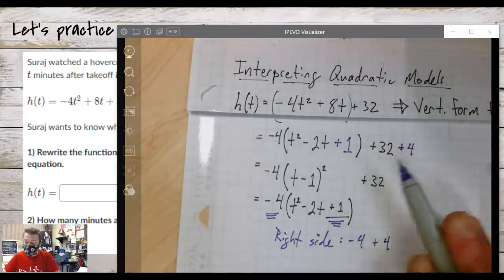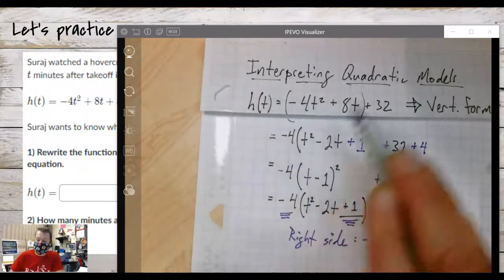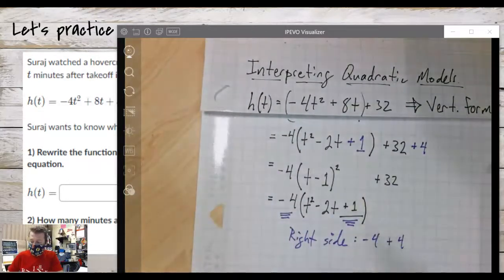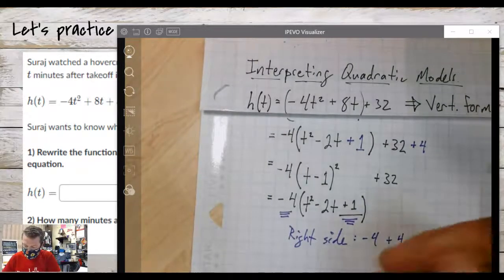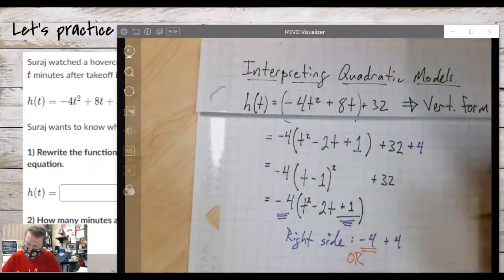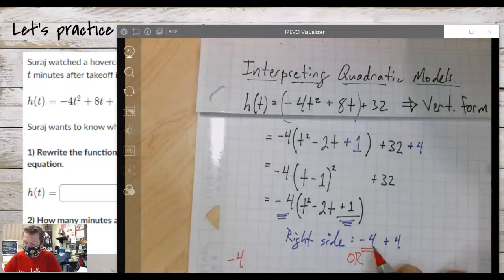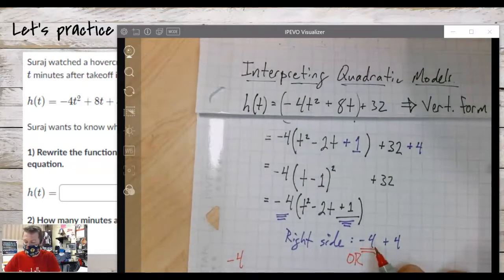This is the same thing as if I had moved the 32 to the other side and then had to mess with both sides. Or the other method is if we subtract 4 from the right side, we also have to subtract 4 from the left side.